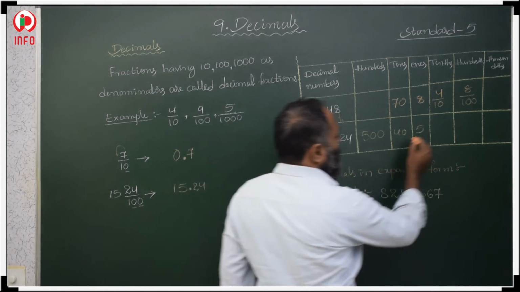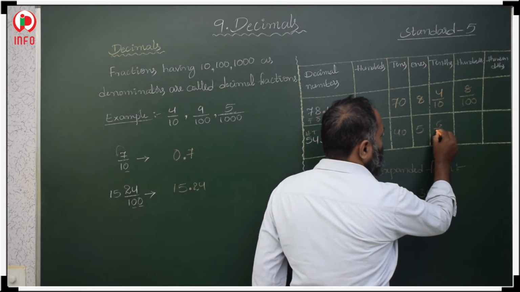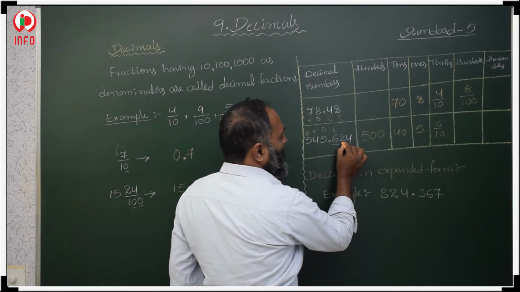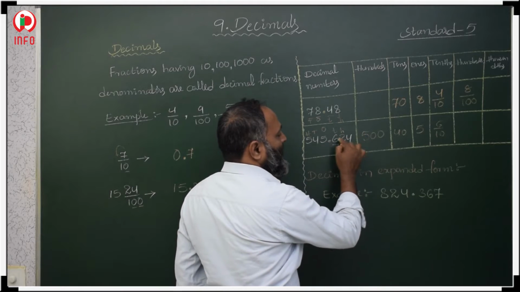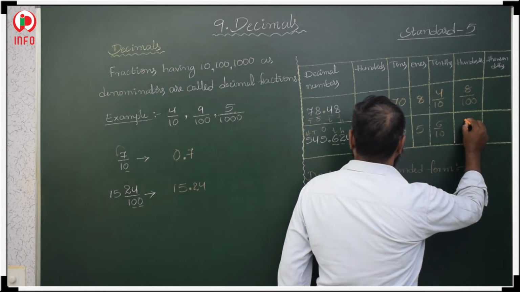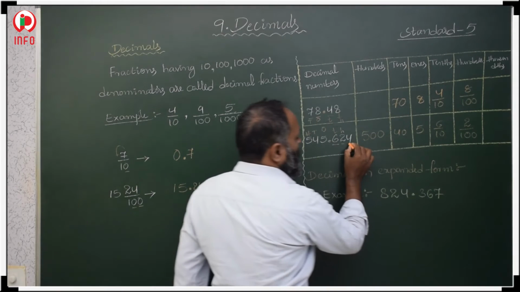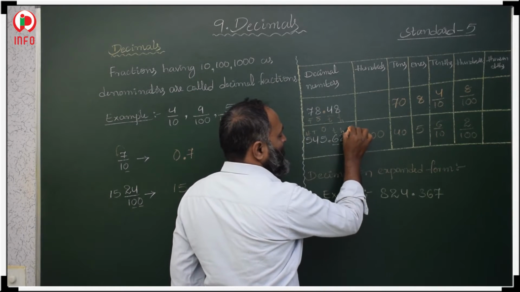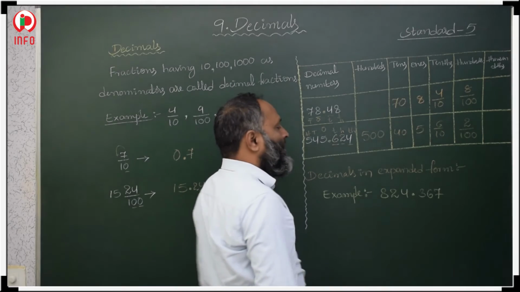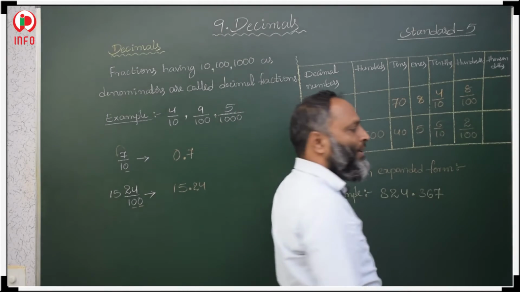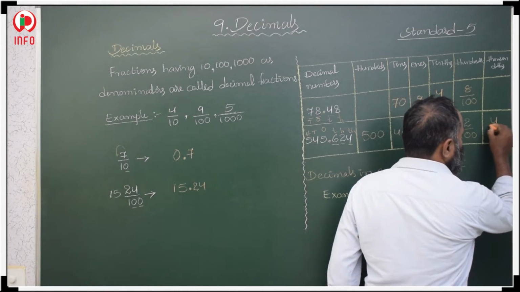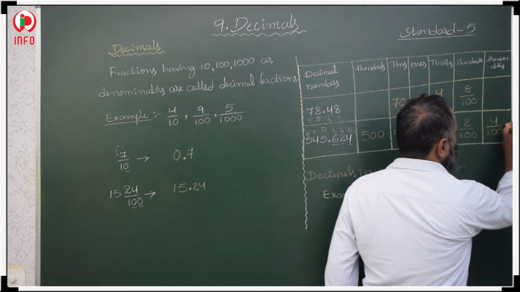Tenths means 6 by 10, and the very next is hundredths, small h, that is 2 by 100, and the very next is thousandths, small th, that is 4 by 1000.